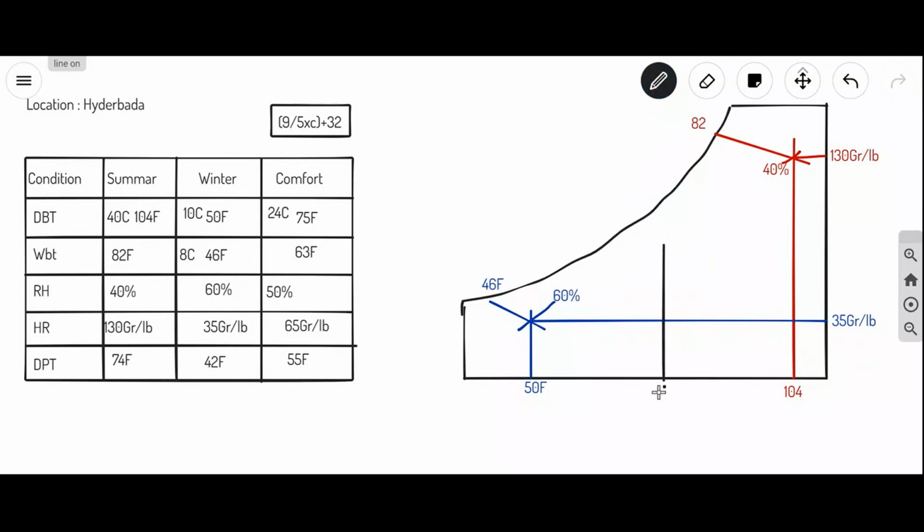Comfort is 75 degrees Fahrenheit, 63 degrees Fahrenheit, 50%, 65 grains per pound.